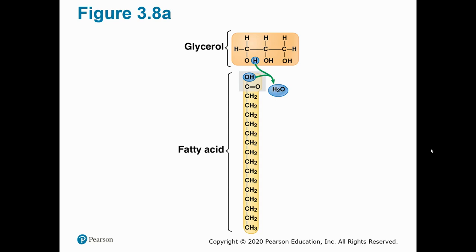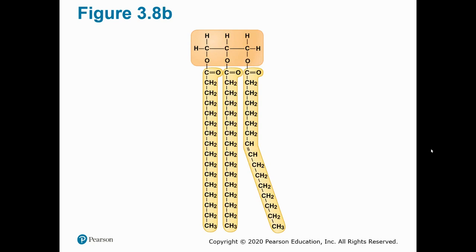And it gets better than that, because normally the way these things show up is as triglycerides. And as triglycerides, they show up with 3 fatty acids. One of those long things is called a fatty acid. 3 fatty acids are linked to this one here, which is a glycerol.